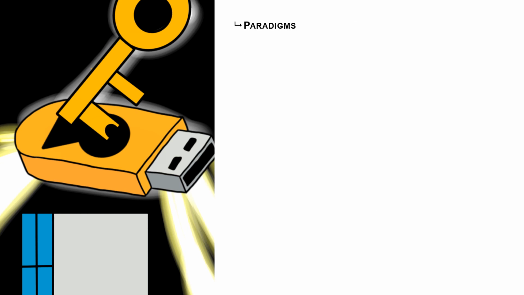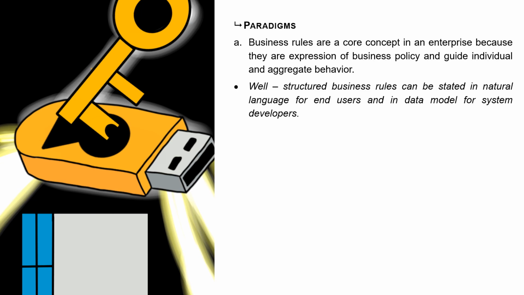What are the paradigms of business rules? Business rules are a core concept in an enterprise because they are the expressions of the business policies and guide individual and aggregate behavior. Well-structured business rules can be stated in a natural language for end users and in a data model for system developers.